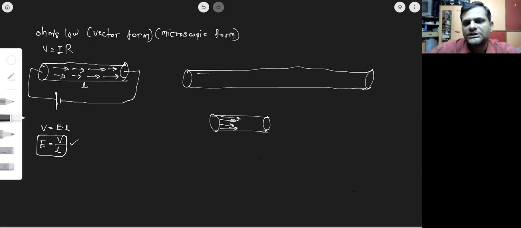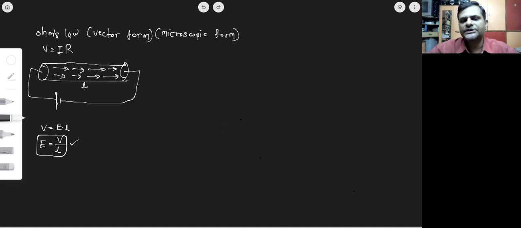So the same potential difference produces a very weak electric field in a long conductor, but a very strong electric field in a very short conductor. That means there is an inverse relationship between the electric intensity and the length of the conductor for a given potential difference. So remember this relationship correctly. Okay.